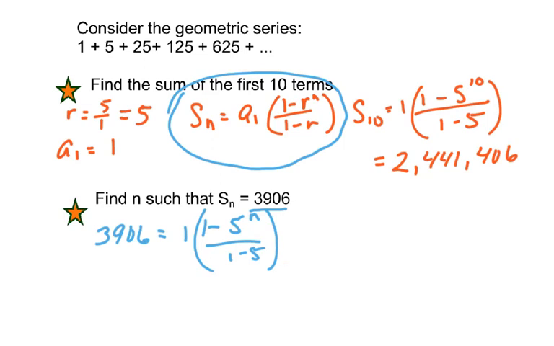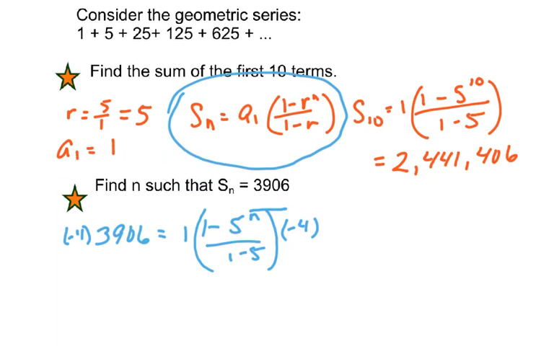So if we were to multiply both sides by a negative 4, that would clear that denominator for us.